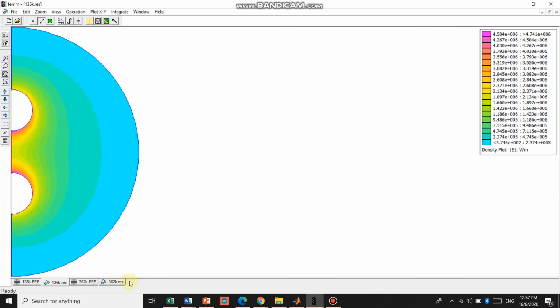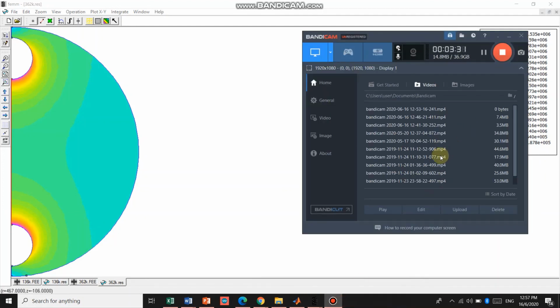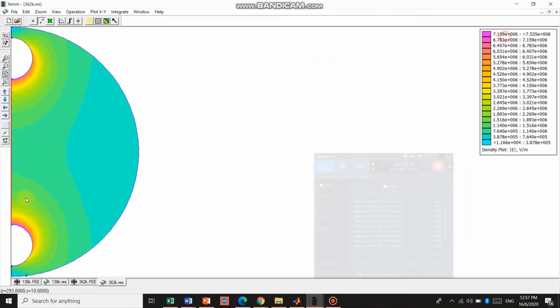Now we can see the difference between the smallest gap and a bigger gap. When the gap distance increases, the maximum electric field also increases.